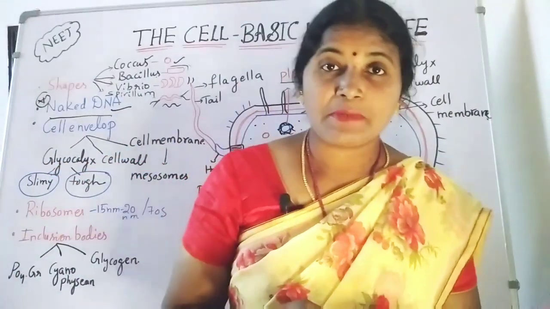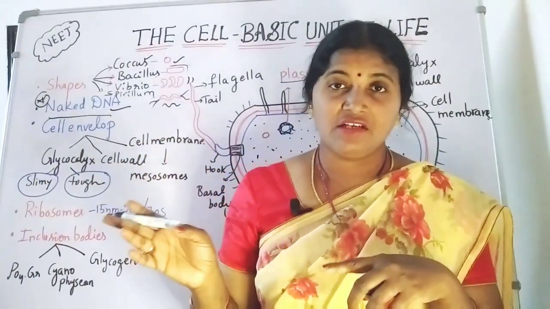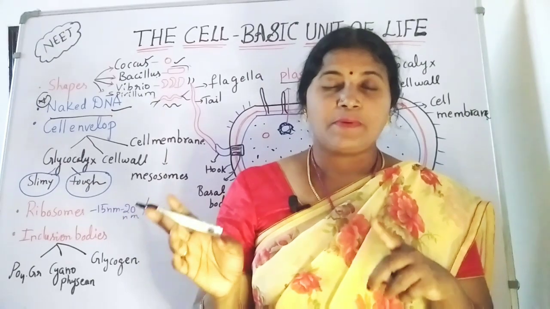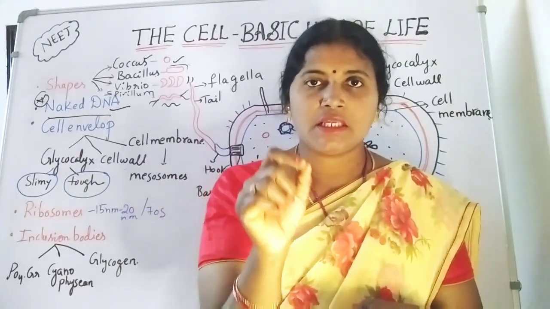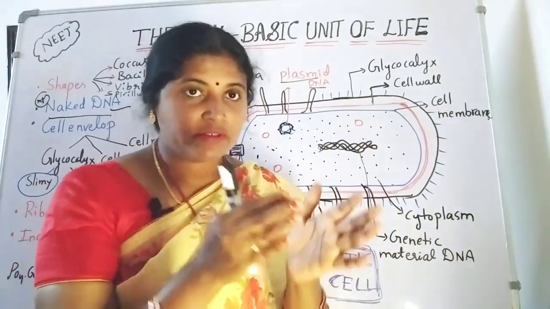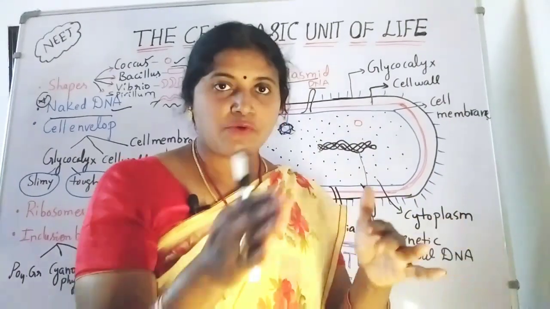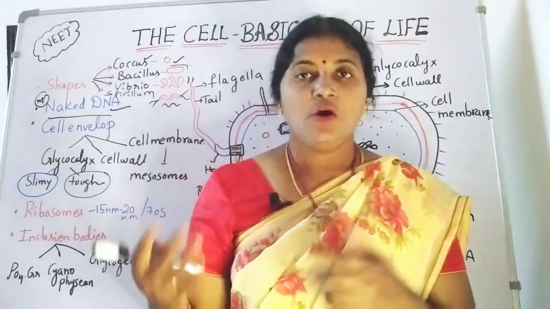What is the function of plasmid DNA? You will get plasmid DNA in genetics, so in brief I am explaining this. Plasmid DNA is responsible for transformation. Transformation means changing from one form to another form, especially when it enters the host body.